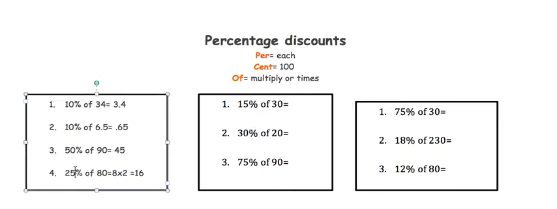But then I've got the 5%, and I can simply find the 5% by saying, well, I knew that 10% of 80 was 8. So then 5% must be half of 8, so that's 4. So then I know that it's going to be 16 plus 4, which is 20.